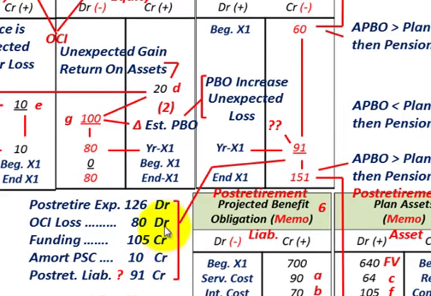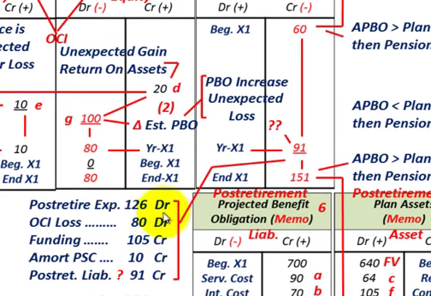So we cross-referenced the beginning and end of the year balances that we determined for the post-retirement asset and liability account, and we cross-checked it with the debits and credits that we're going to have for our journal entry accounts.